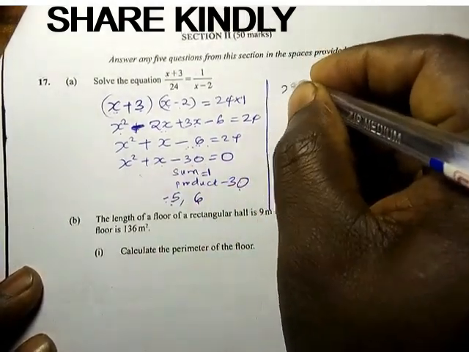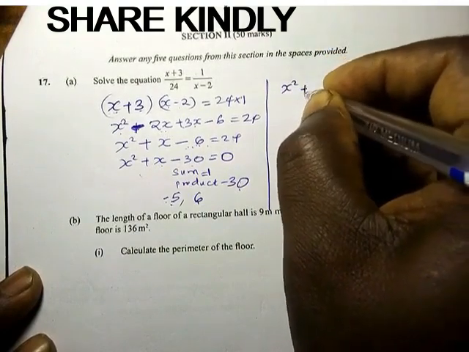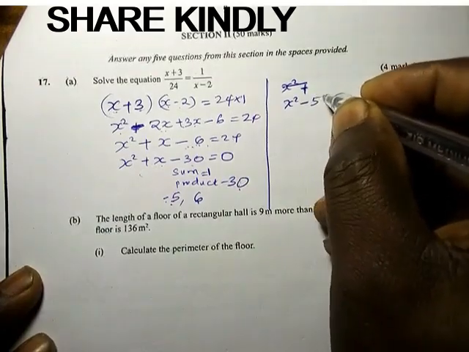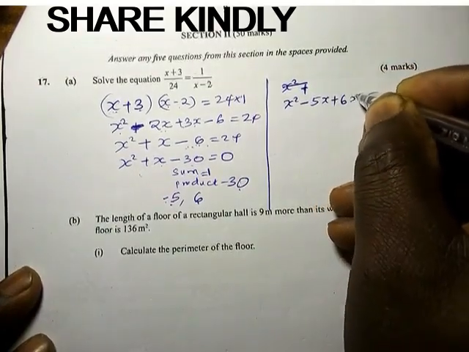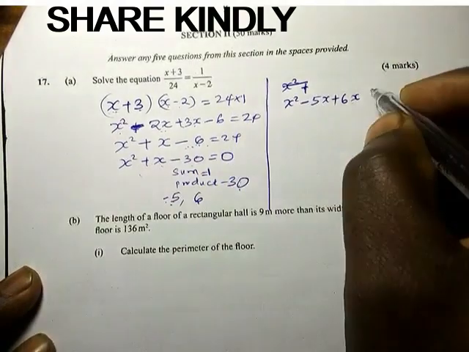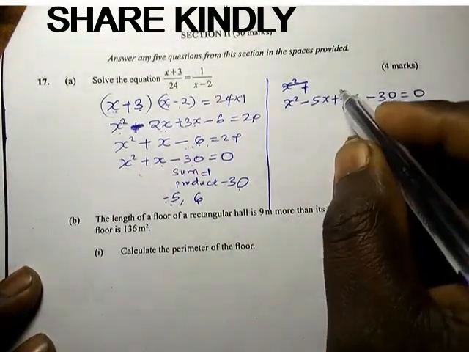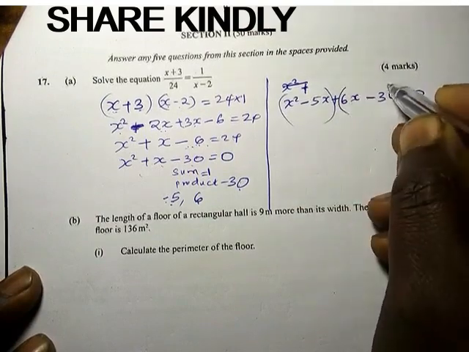Now we have x squared minus 5x plus 6x. This one will give us 1x minus 30 equal to 0. So group them into 2.